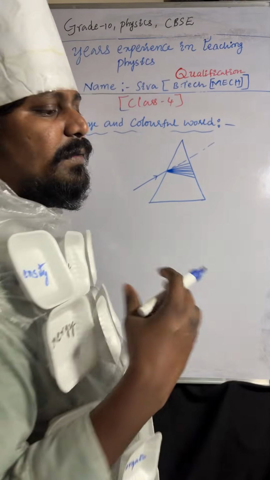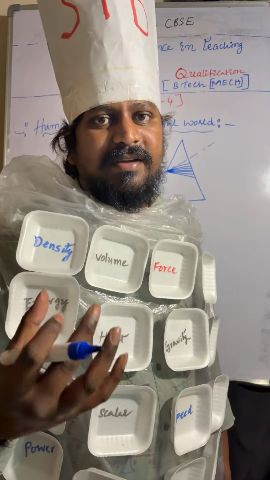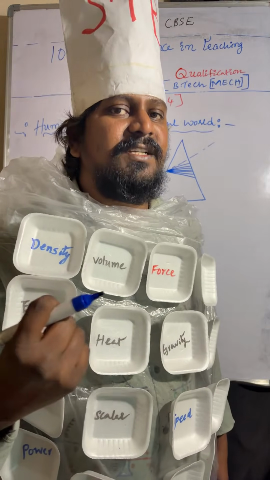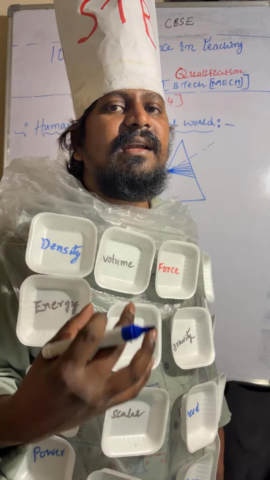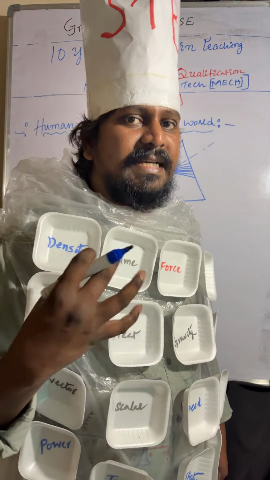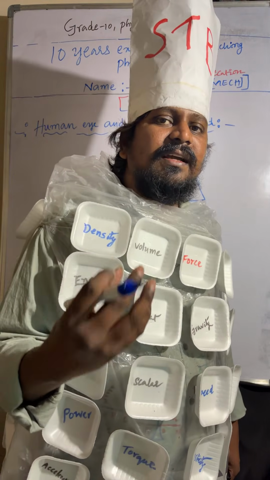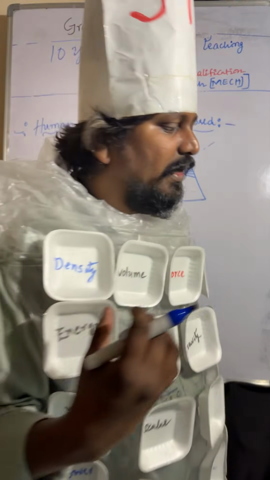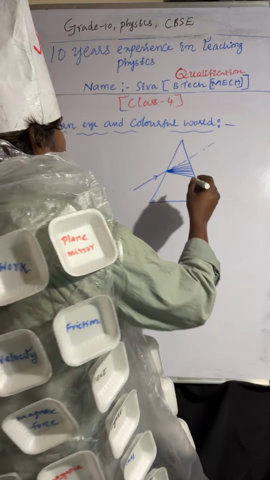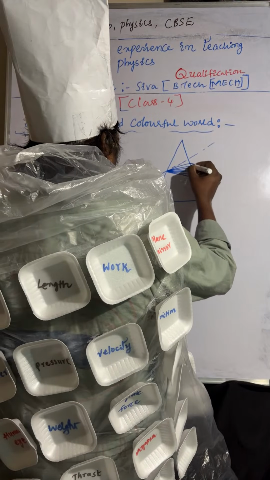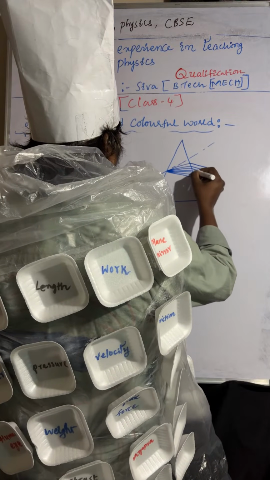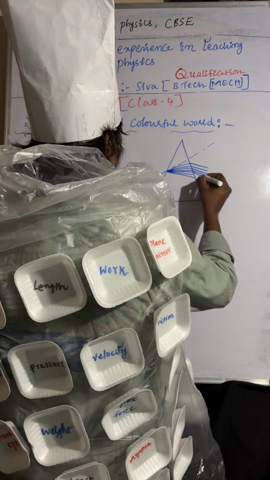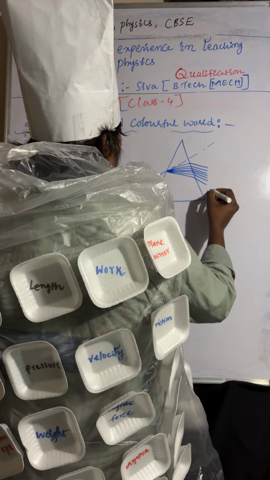Splitting of white light into 7 colors is known as dispersion. Those 7 colors form like a band on the screen, which is called the spectrum. So here you can see 1, 2, 3, 4, 5, 6, 7.